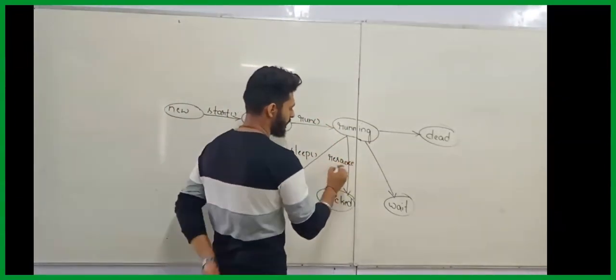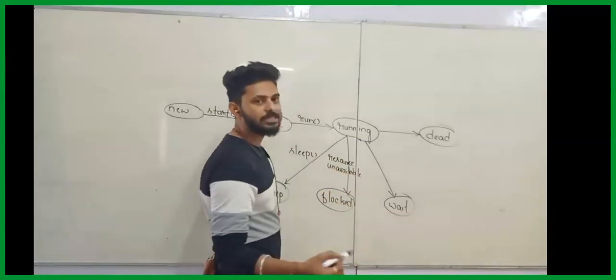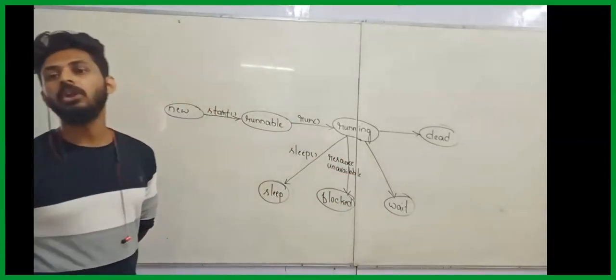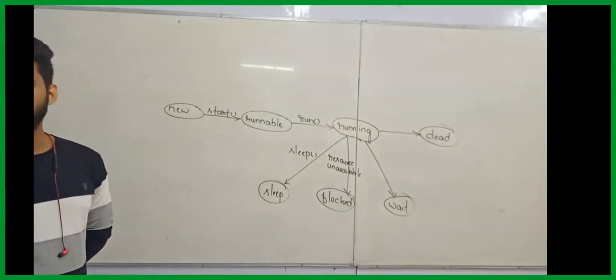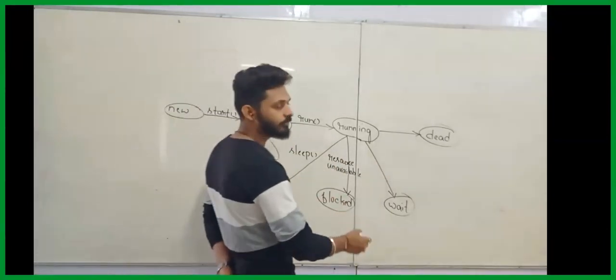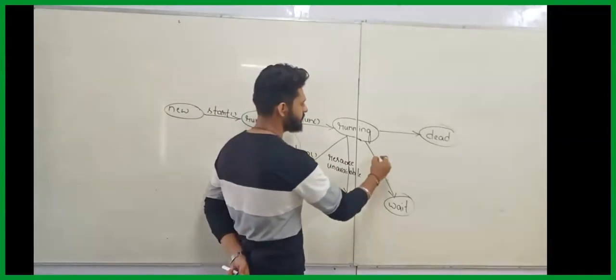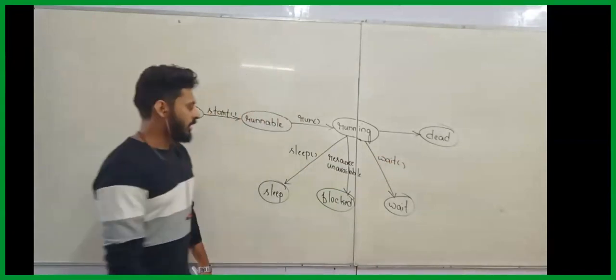When you are trying to access one resource but that resource is not available, then that particular thread trying to access it will go to block state. And here, the wait method.